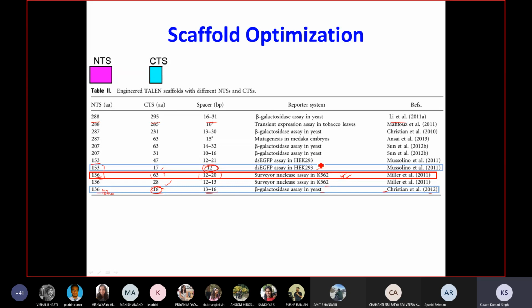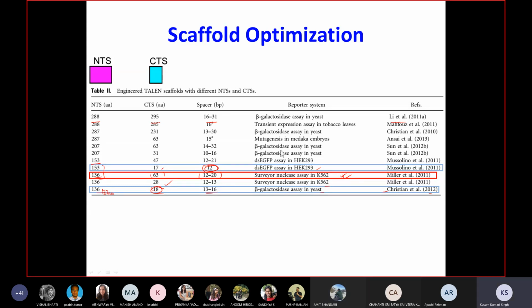In HEK 293, this probably works best. So based on their system as well as the kind of repeats they are making, different kinds of TALENs are available in the market, and you can use them for your study. Yes, ma'am, clear.